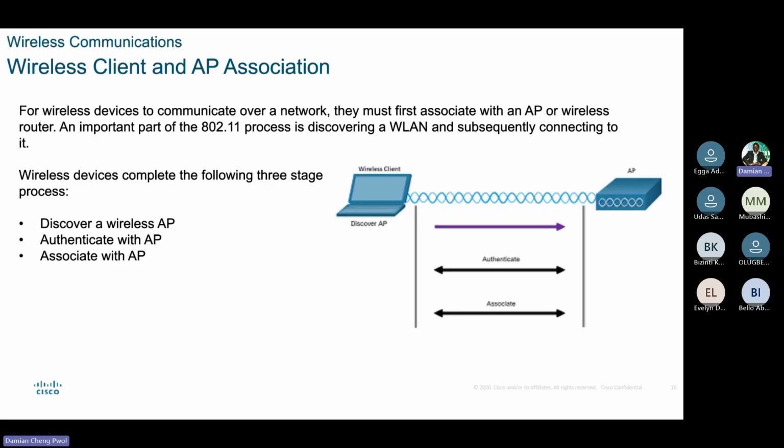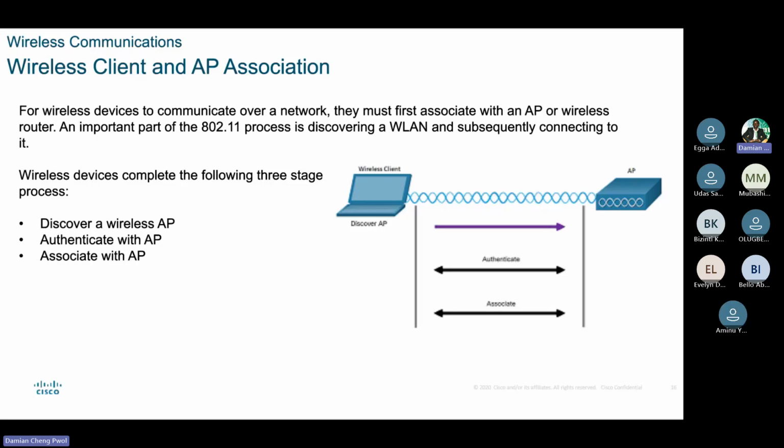The first one: once you power on your Wi-Fi, you search. At that stage, you discover a wireless access point. That's the first stage. The second stage is to authenticate with the access point, meaning once you discover it, you see IT Essential Network, you connect to it, you are now asked to input what?